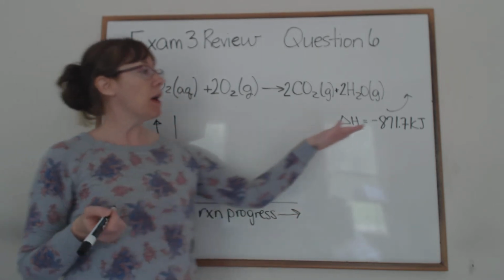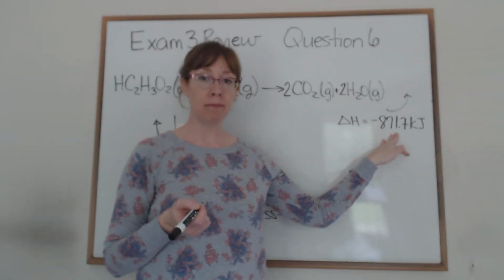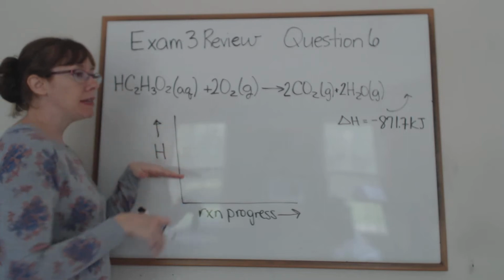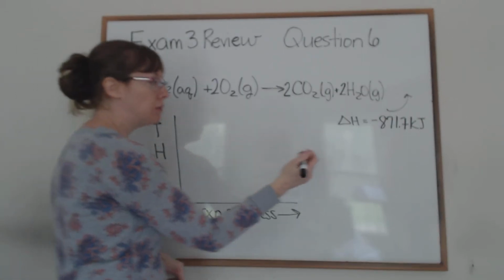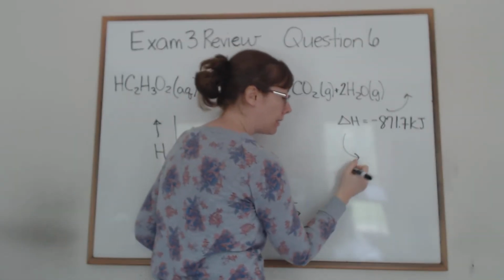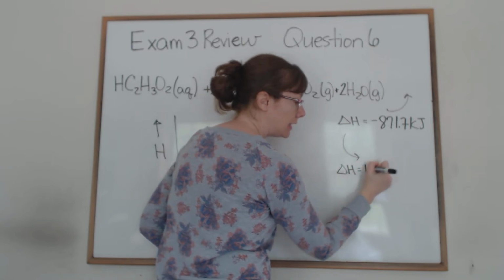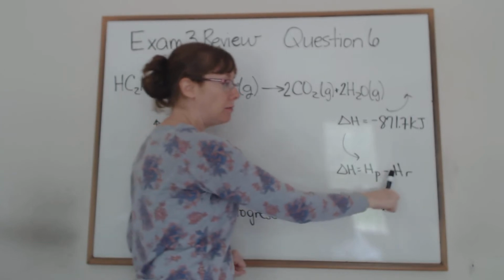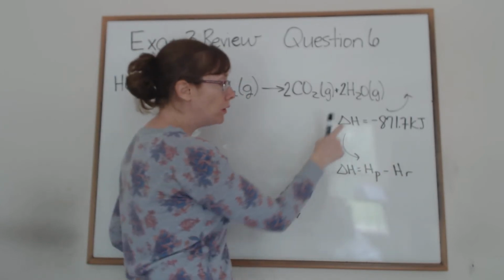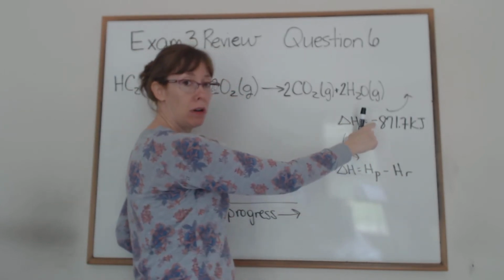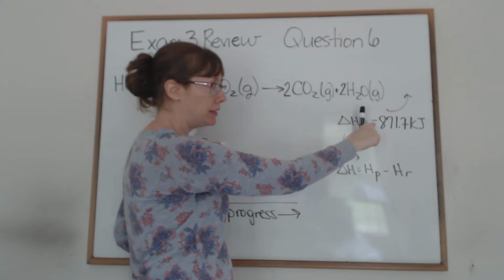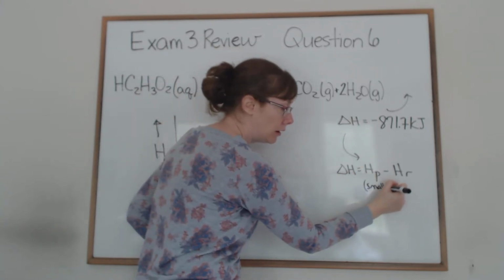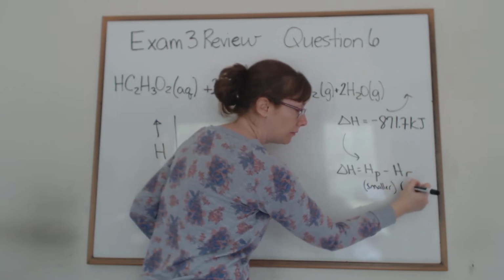Now, if you have an exothermic reaction, that essentially means that your products, because remember, another way of thinking about delta H is that it's the enthalpy of the products minus the enthalpy of the reactants, final minus initial. So the only way that you're getting a negative number, just think logically about this, is if this number is a smaller number than this number.